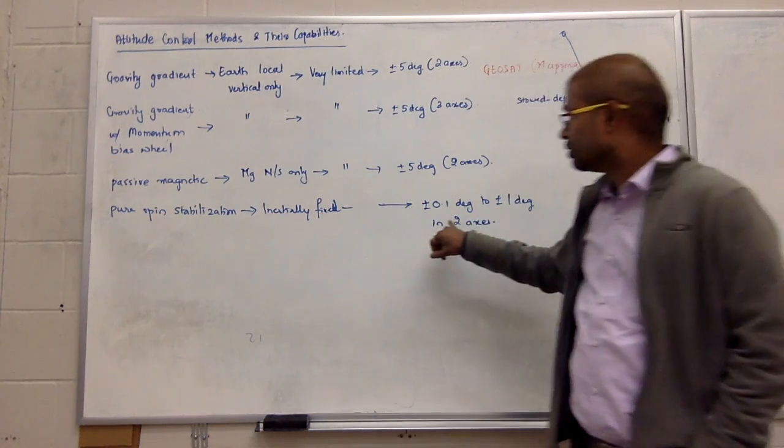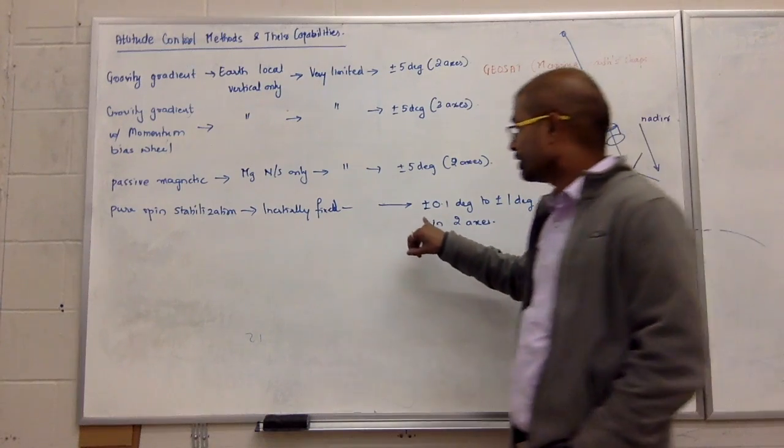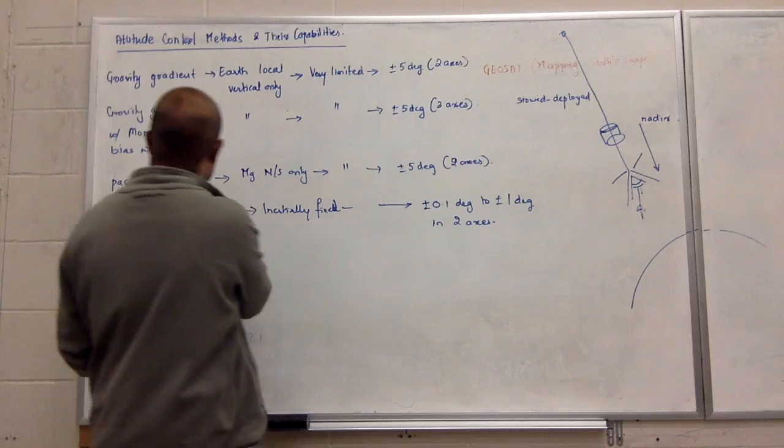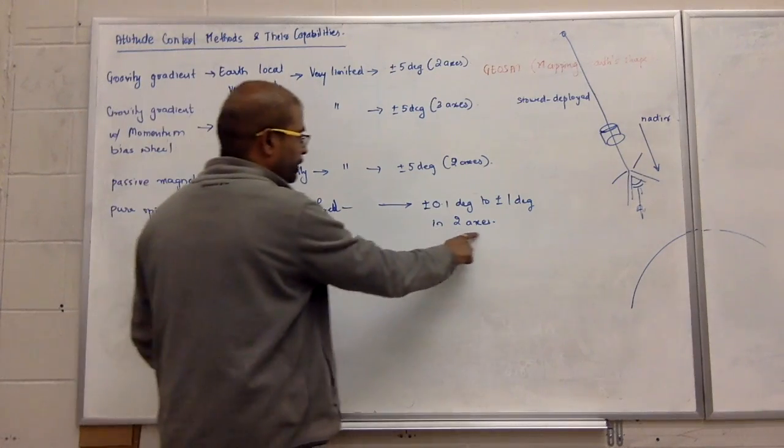So with such a wheel, the limitation is that you get really good accuracy, but with pure spin stabilization, you have one wheel, you get 2 axes.